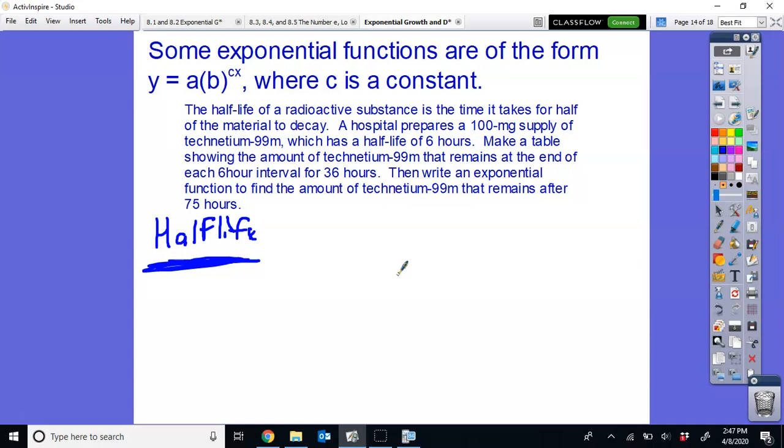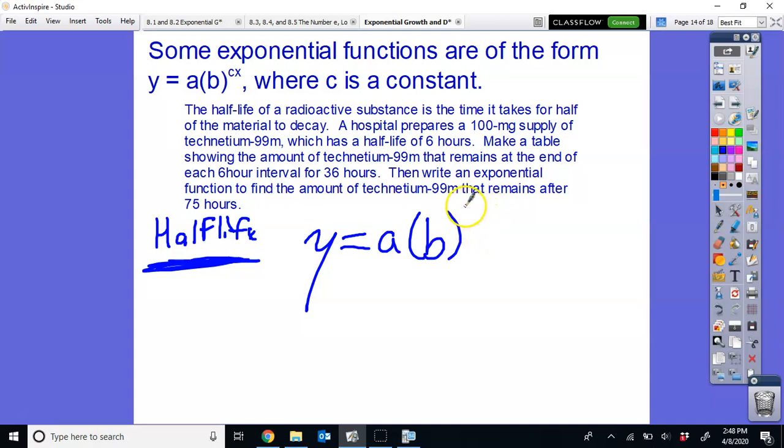Specifically in the medical field, we're talking about a lot of times like cancer treatment, the radioactive substances that they use in those cancer treatments like chemo are going to decay at a certain half-life, meaning half of it will disappear after a certain amount of time. What I want to point out is that anytime you see a problem that deals with half-life, you always have that same characteristic, a times b to the x, but there's something that you need to watch out for.